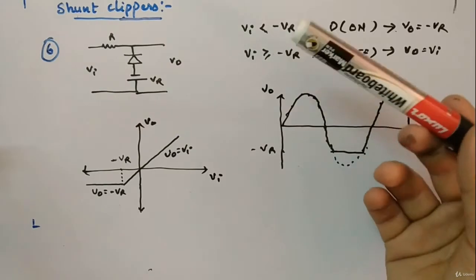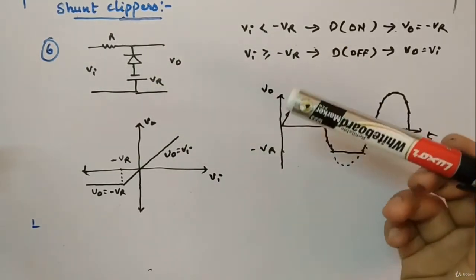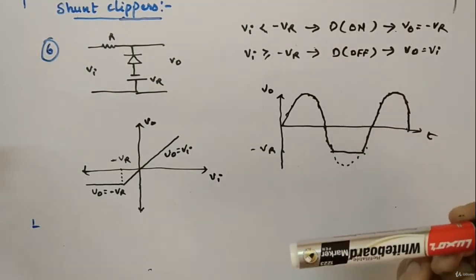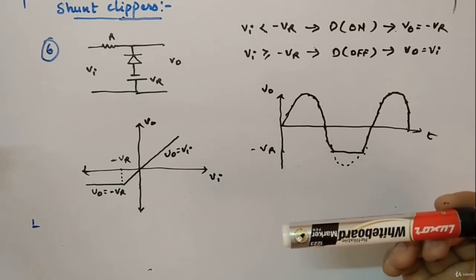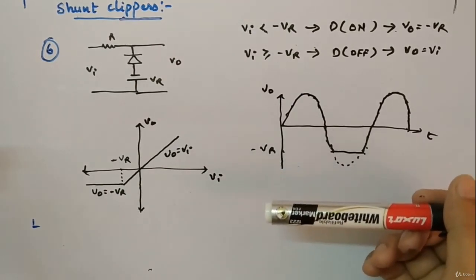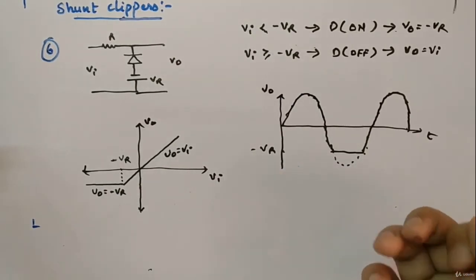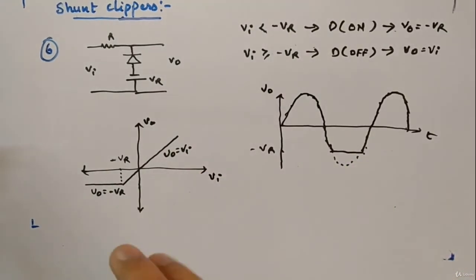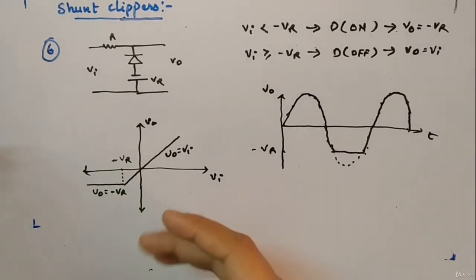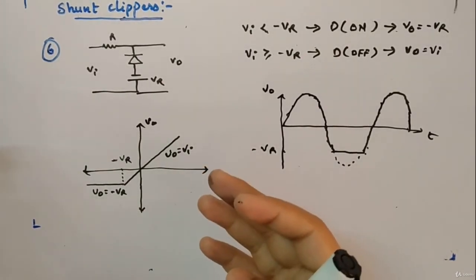Above minus Vr, the circuit will pass the input signal, and below minus Vr, the circuit will clip the input signal. Okay, so this is the sixth model. Still we are in shunt clippers. I will now conclude all six models.